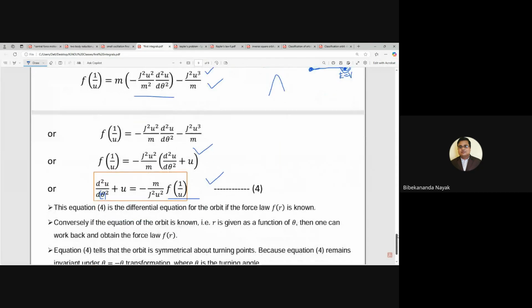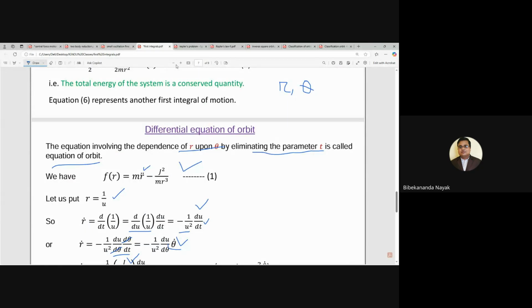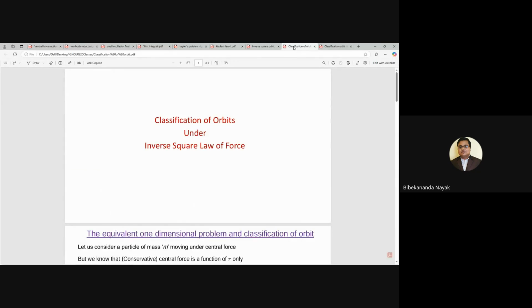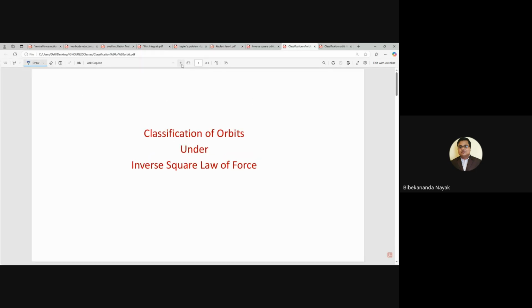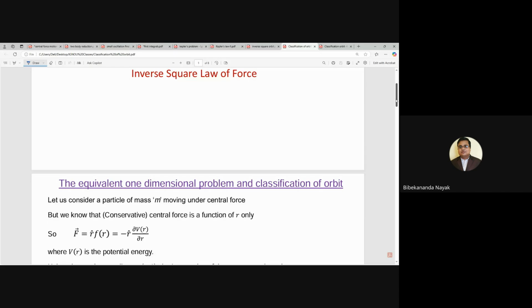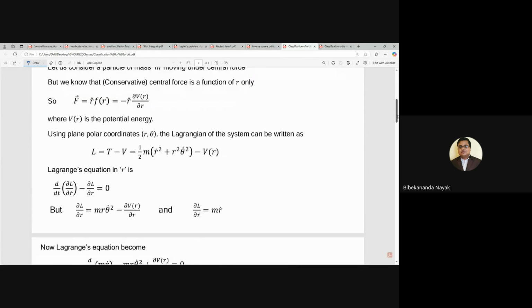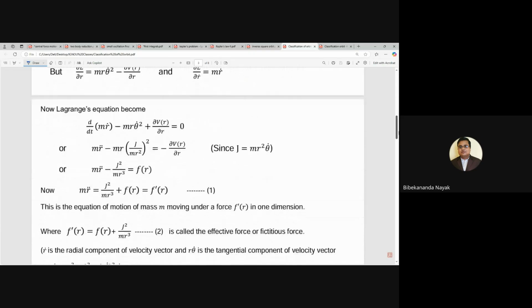We are discussing this. The next is classification of orbit. We have already discussed this.